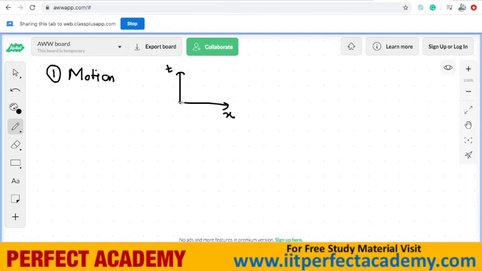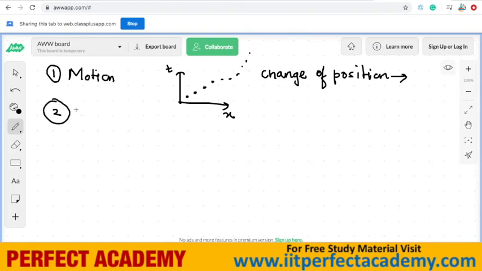Now as the time progresses, if the position of the particle is also changing, then we say the particle is moving. So motion is nothing but a process of change of position of a particle or any object which you are considering in that case.